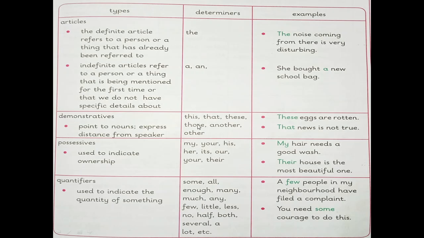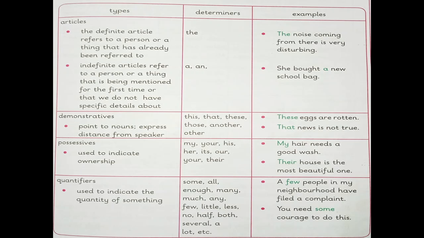For example, this is a book, that is an umbrella, these are eggs, those boys are sitting under the tree. All these are different determiners, students, and these are demonstratives, and they point to a noun, and they express some kind of distance from the speaker.